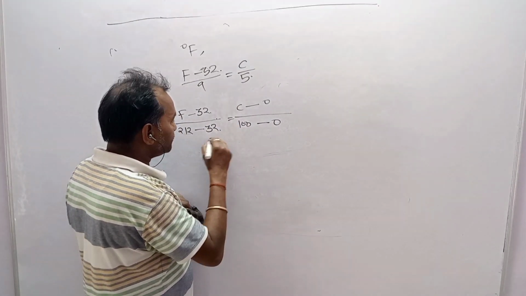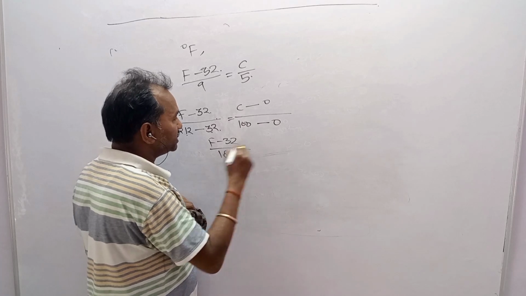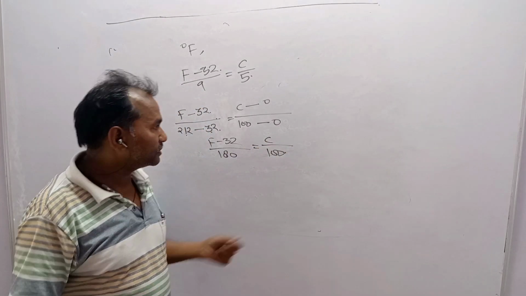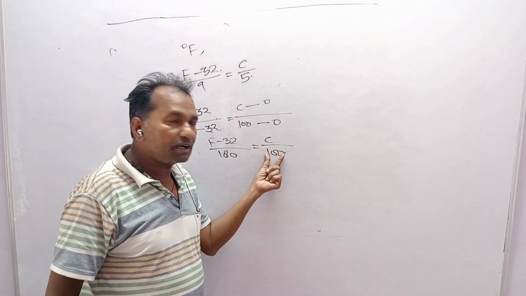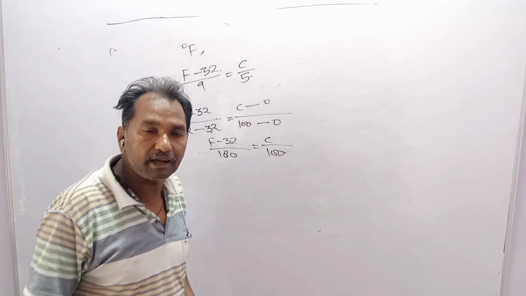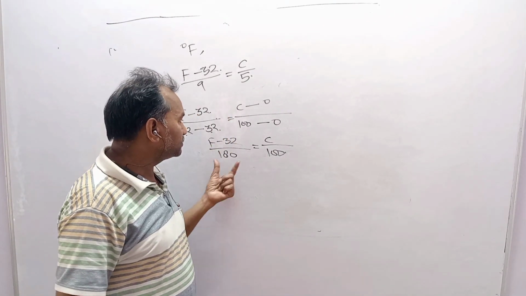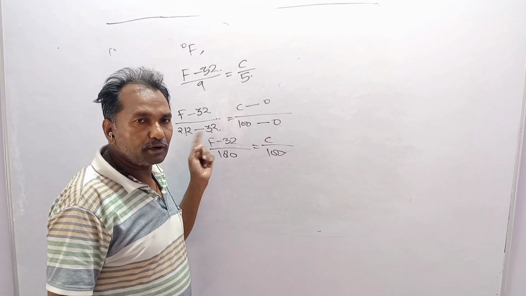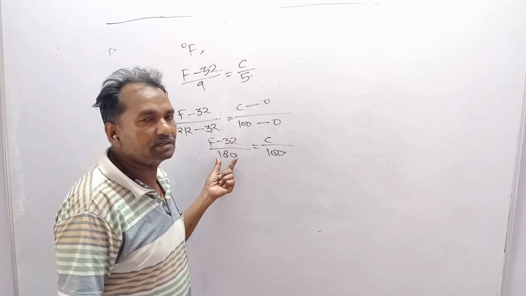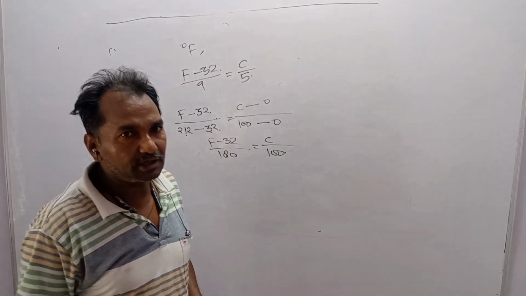So you will get F minus 32. If you solve this, you will get 180 for F upon 100 for C. So actually, between boiling point and freezing point of water at Celsius scale, there are 100 divisions and each division is equal to 1 degree C. And similarly, between the boiling point and freezing point of water at Fahrenheit scale, there are 180 degrees Fahrenheit and each division is 1 degree Fahrenheit.